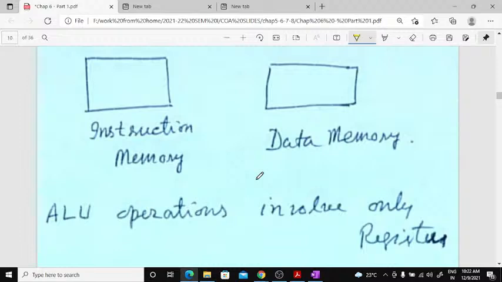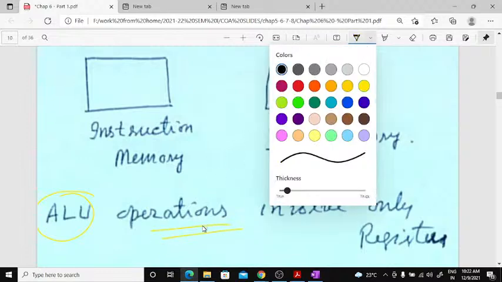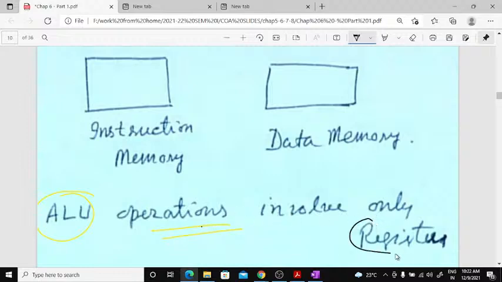So the ALU operation, arithmetic logical operation, involves only the registers.